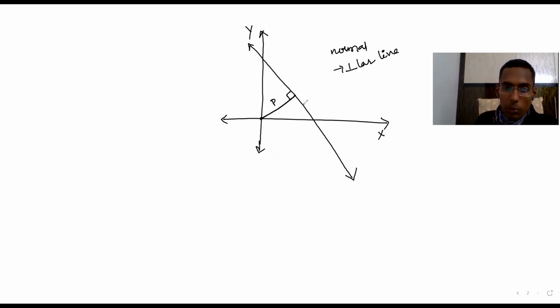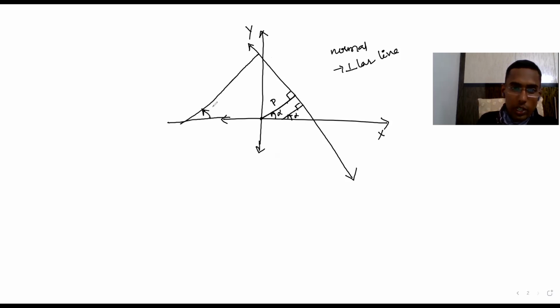Normal making alpha angle with positive direction of x-axis. If I draw a perpendicular here, this is also perpendicular. It's not that you have to draw it here only. Wherever you draw, this is alpha, so this is also alpha, because these are parallel lines.